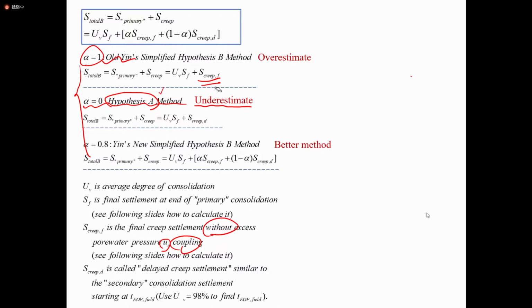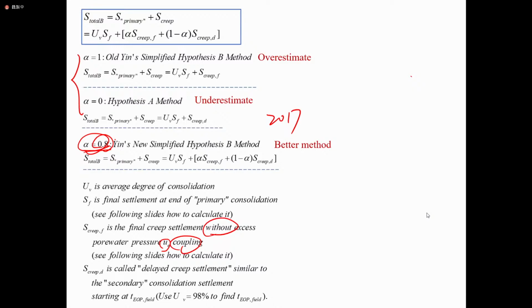So we know the limitation of these two methods. Several years ago, around 2017, Professor Yin and his student proposed this new method. We use alpha equal to 0.8.